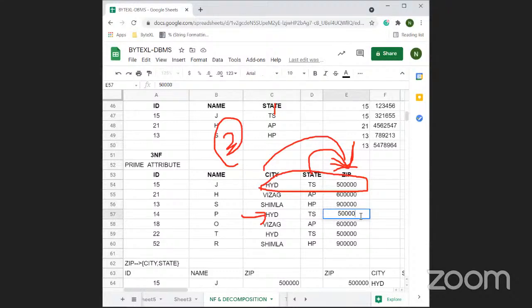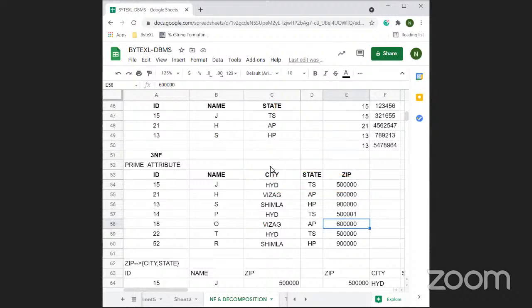While copying, if I made a mistake, now what is happening? This leads to inconsistency as well. Why? Observe the zip code of Hyderabad.